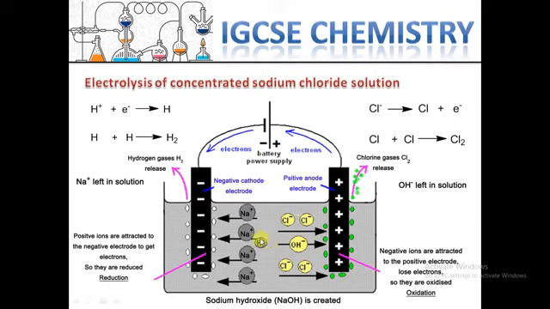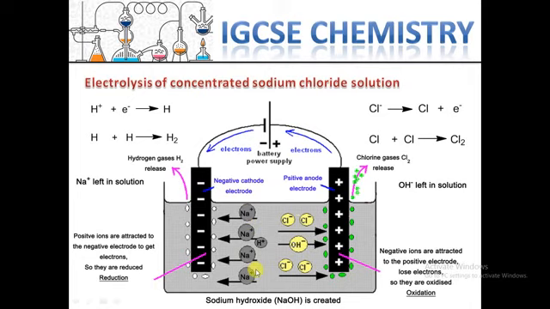In contrast to the last session, here we have four parts: two kinds of positive ions and two kinds of negative ions.